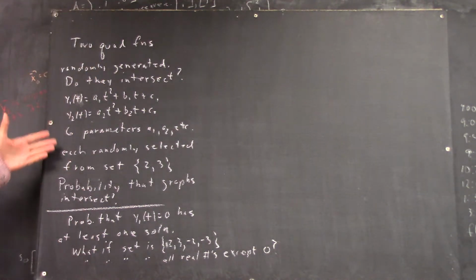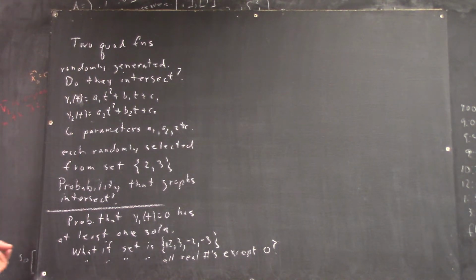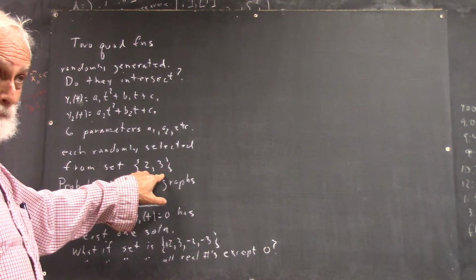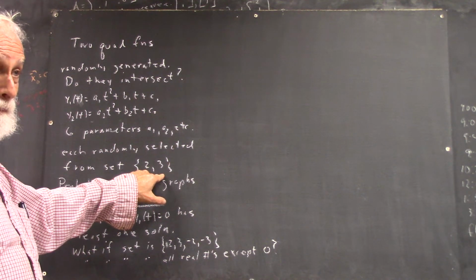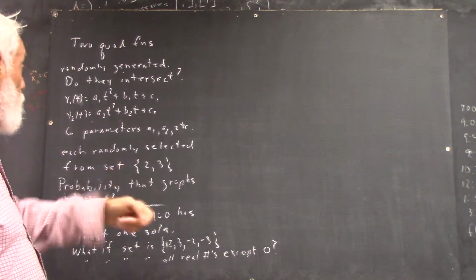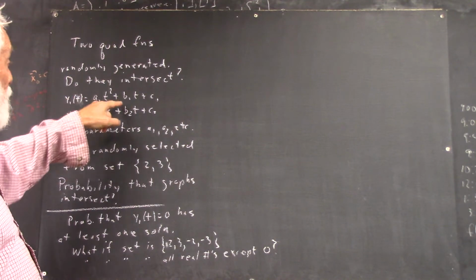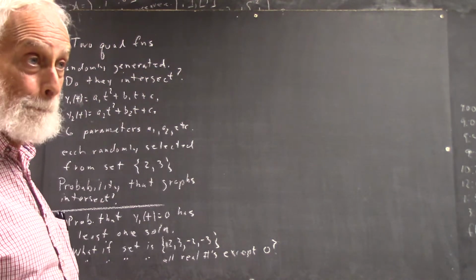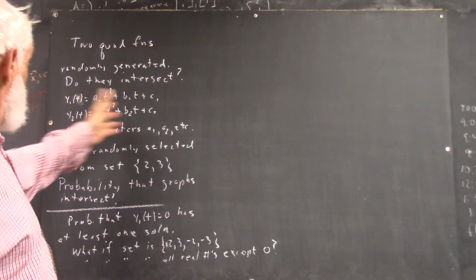So the question then is, well, let's reduce the set. Let's just go to the set 2, 3, okay? So all these coefficients, flip a coin, it's going to be a 2 or 3. Heads 2, tails 3, right? So we generate 2 functions.